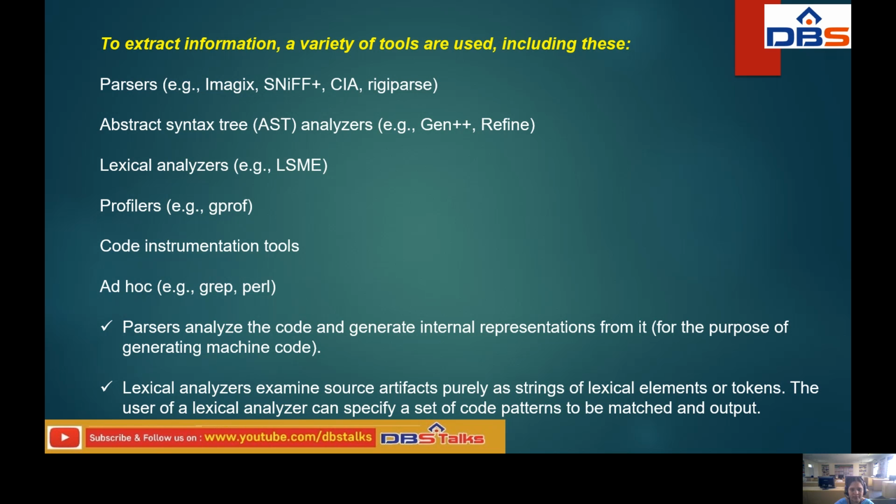Lexical analyzers examine source artifacts purely as strings of lexical elements or tokens, and the users of a lexical analyzer can specify a set of code patterns to be matched and output.